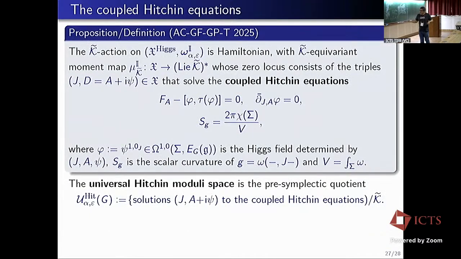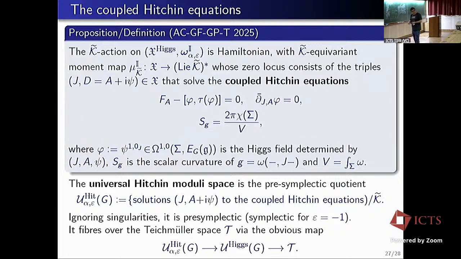So we construct the moduli space, the universal Hitchin moduli space appearing in the title, which is given by solutions of these coupled Hitchin equations, modulo the action of this Hamiltonian extended gauge group. And again, following Donaldson or just by composing maps, it maps with fibers over the Teichmüller space.